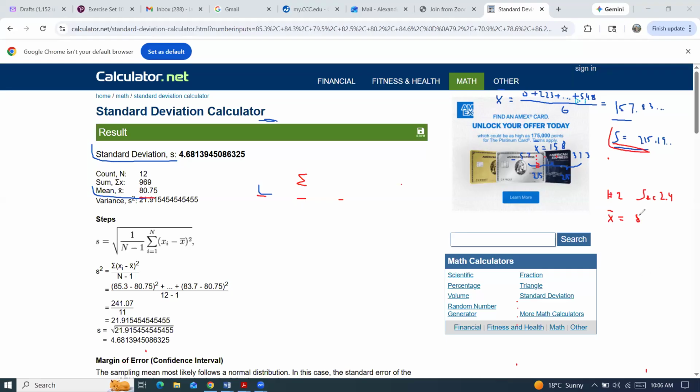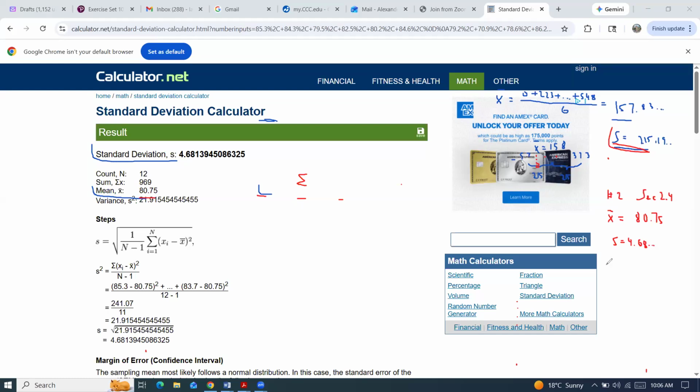And then the standard deviation, the spread of elements of my sample, is equal to 4.68. So it doesn't take too long at all to calculate.